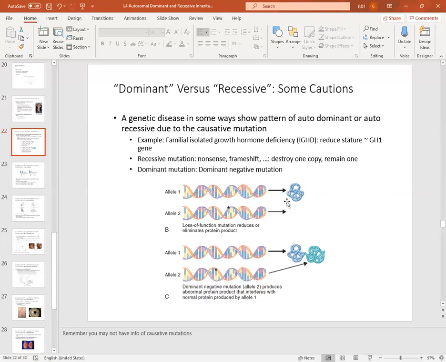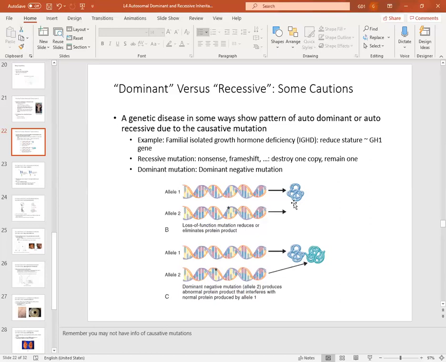But let's focus more on the heterozygote in the recessive case. In recessive, we say that people do not suffer any disease. But with the protein dose right now, we just have 50% compared with normal people who have 100%. So we say that people do not suffer from the disease, but that is maybe not correct. He or she will suffer from the disease, but the effect may be small.